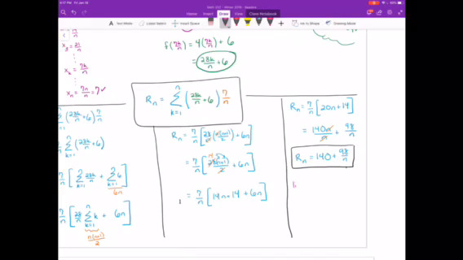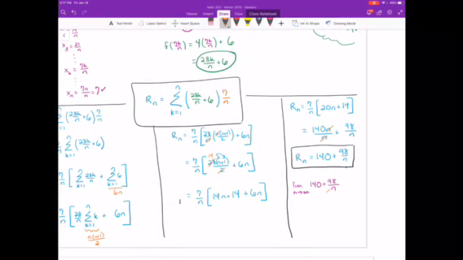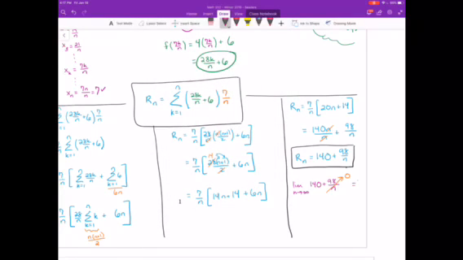So the limit as n goes to infinity of r sub n: as n goes to infinity, n gets really large, which means 98 over n gets really small, and I get just 140.